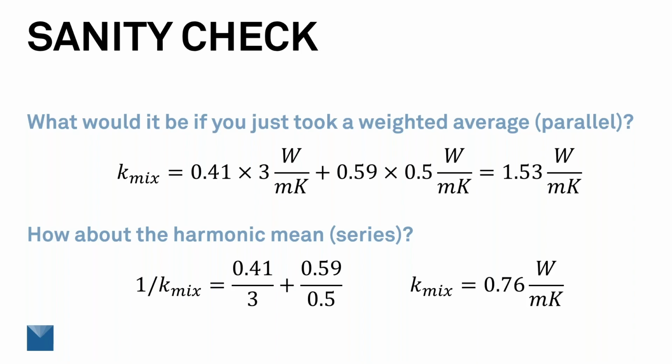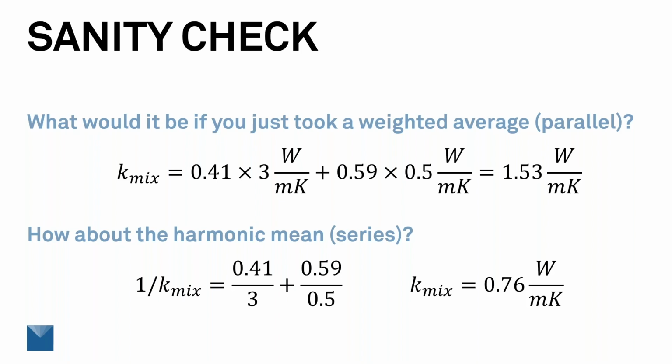First, the rock has a conductivity of 3 and the soil has a conductivity of 0.5. And so if we assume that those two are in parallel, with the volume fractions that we had there, we get from that top calculation a conductivity of the mix of 1.53.